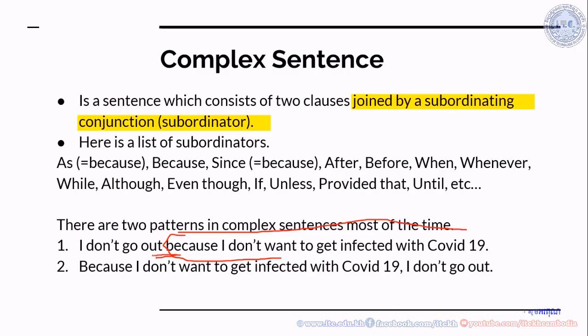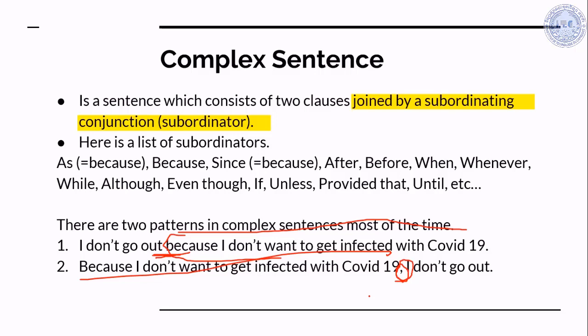There's no comma. But if you move the subordinator to the front, because I don't want, you move it to the front, you see, when you get to the main clause, you have to put a comma here. See, there are two patterns.